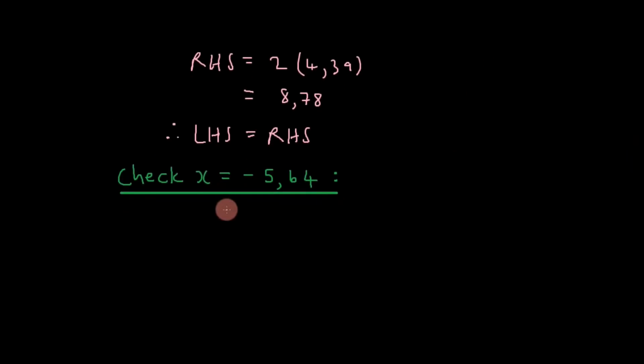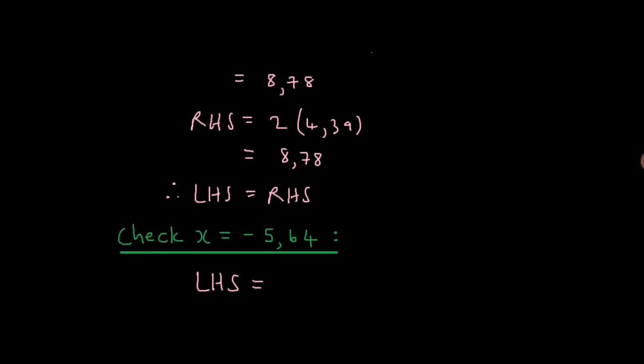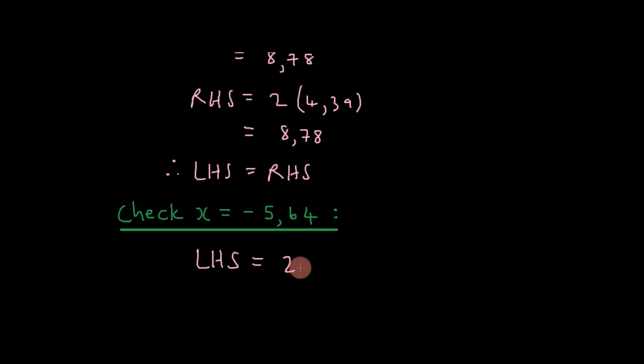So we're going to substitute into the left-hand side of the original equation. So it's going to be twice the square root of 25 minus x over 4. So 25 plus 5,64 over 4, less 1.